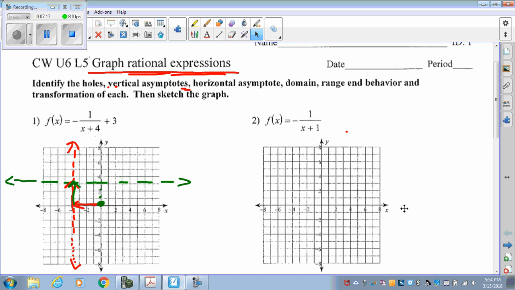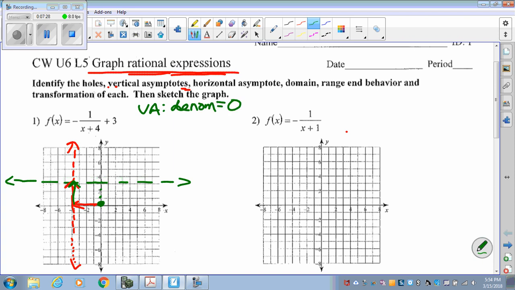with the vertical asymptotes. Your vertical asymptotes are when your denominator equals 0, because the denominator cannot equal 0. So the vertical asymptotes, those are your excluded values.